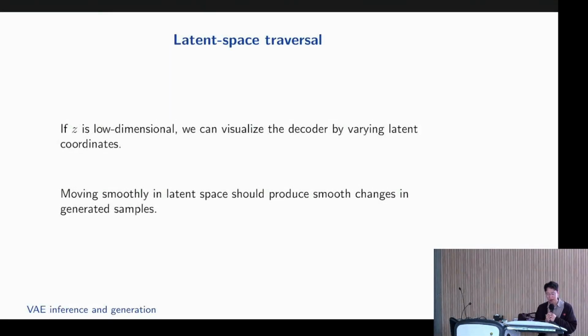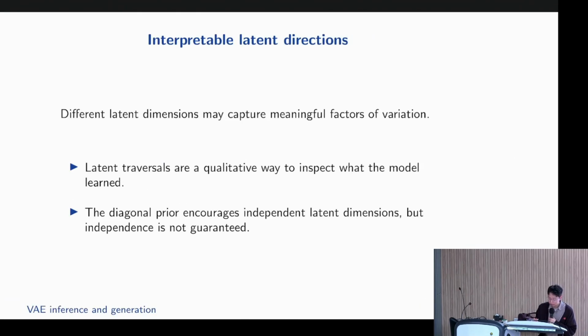So once you have trained VAEs, you can do a lot of cool tasks. Since Z is very low dimensional, you can do latent traversal. How does the generated image look if you slightly change Z and walk along different axes in Z?